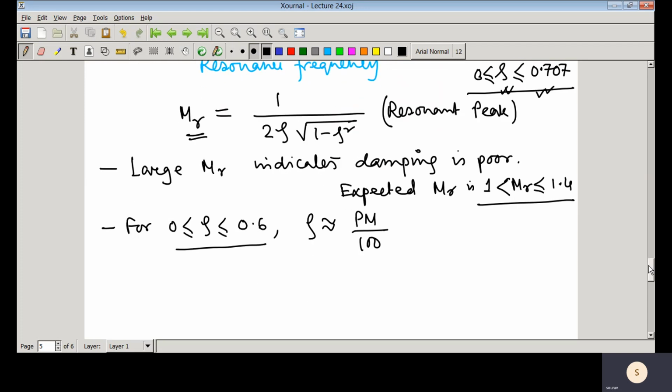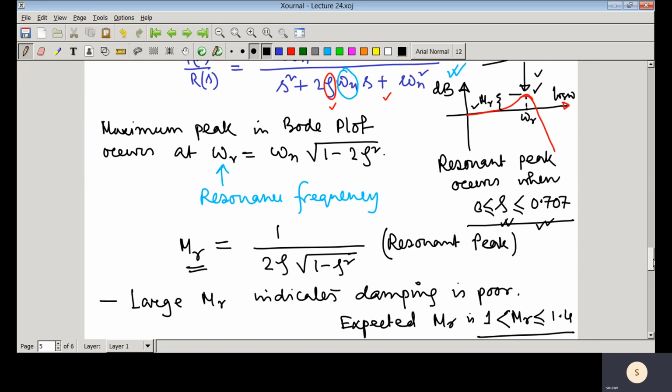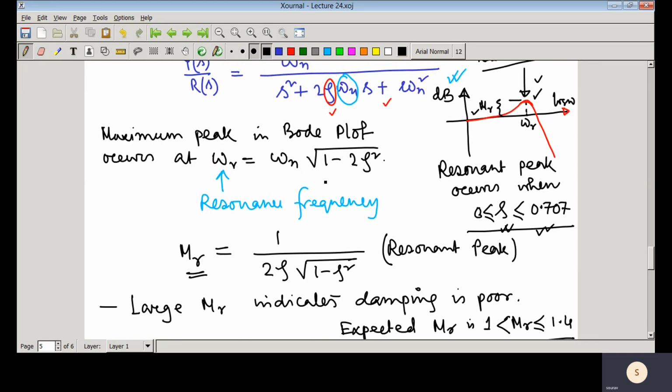And for small values of zeta, you can see here that the resonance frequency is omega n into square root of 1 minus 2 zeta square. And what is the damping frequency?